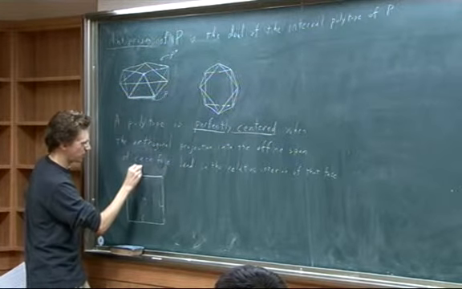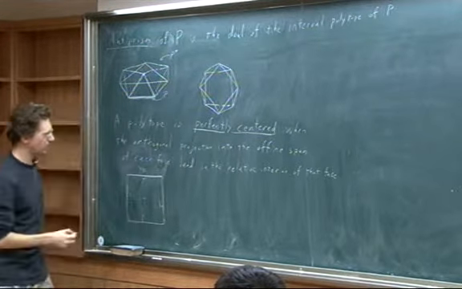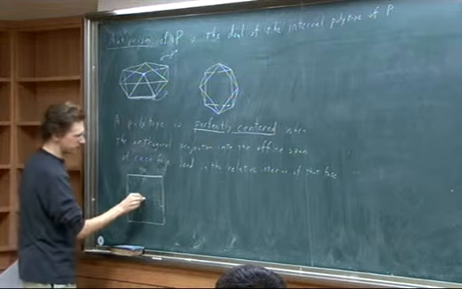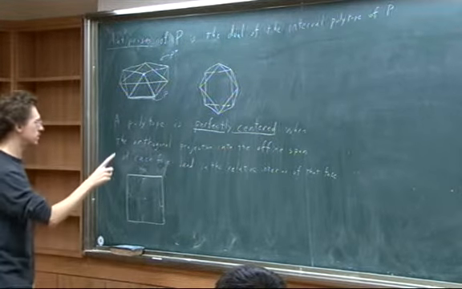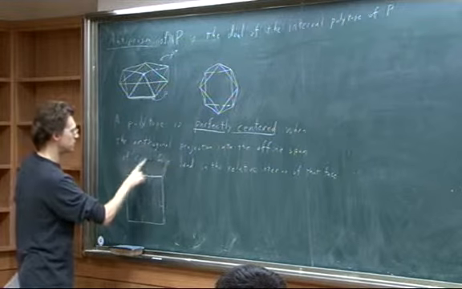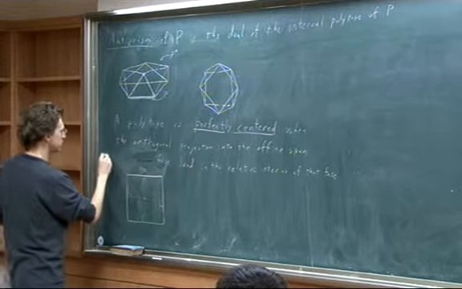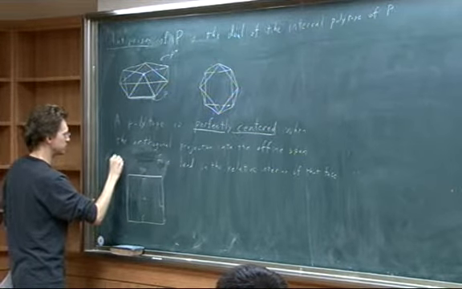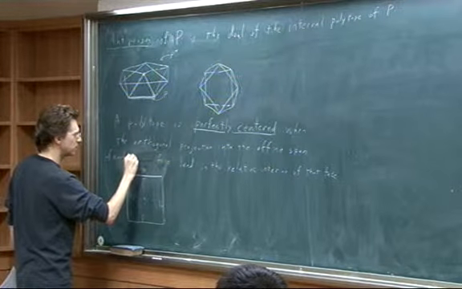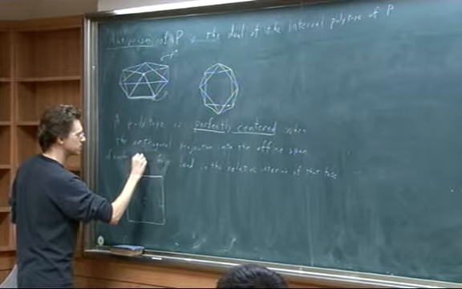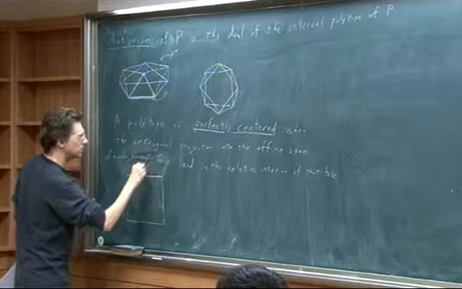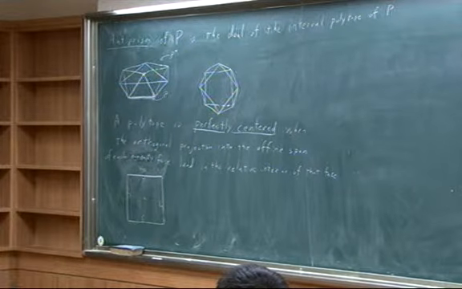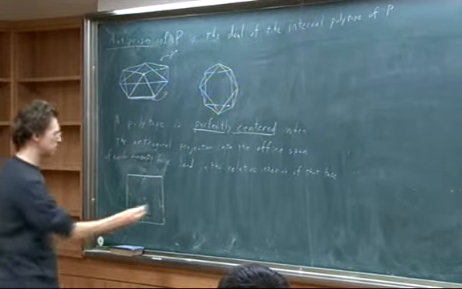So this one is perfectly centered, right? Also, the origin has to be in the polytope. There's the trivial case, each non-empty face. Of course, you can't really project into the empty set.